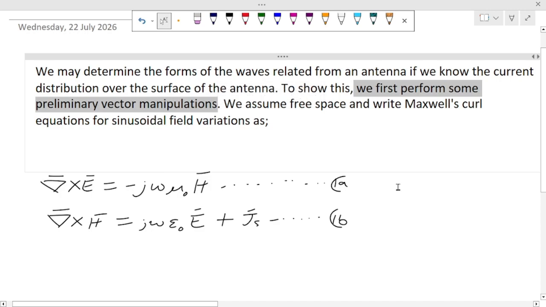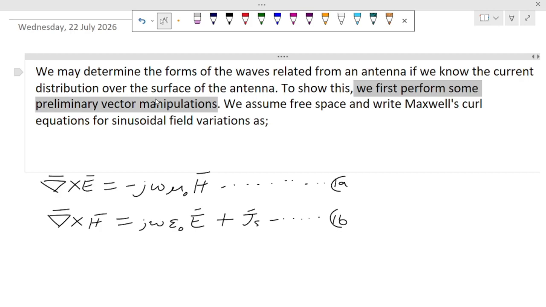Why? Remember, electric fields are vectors. Vectors are quantities that have what? Magnitude and direction. Electric field, magnetic field, they all have magnitude and direction.